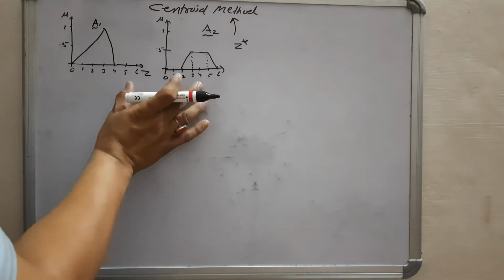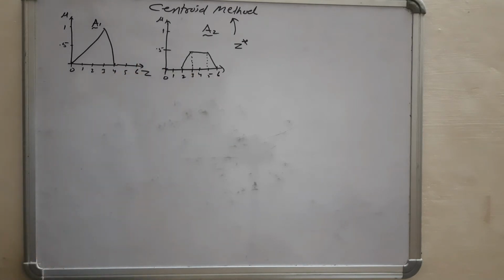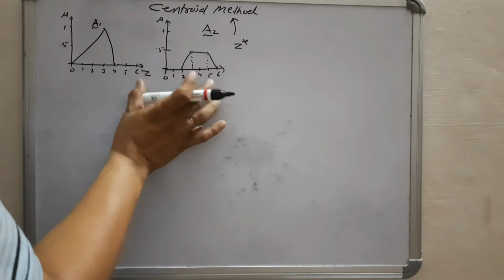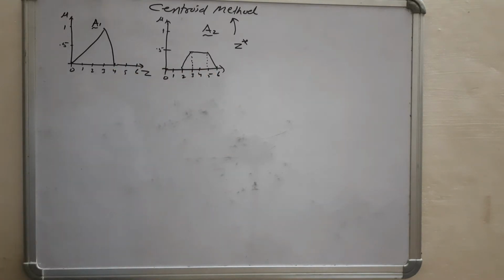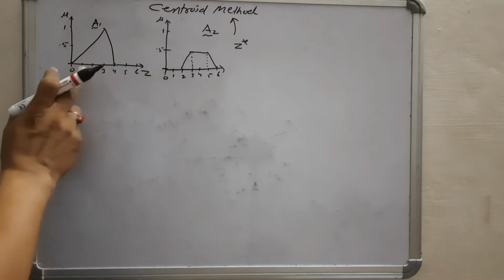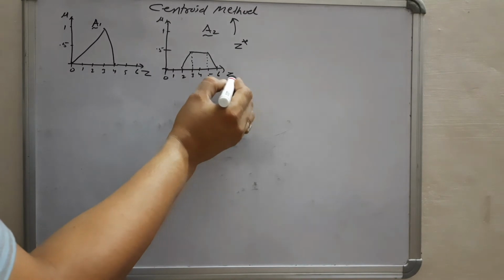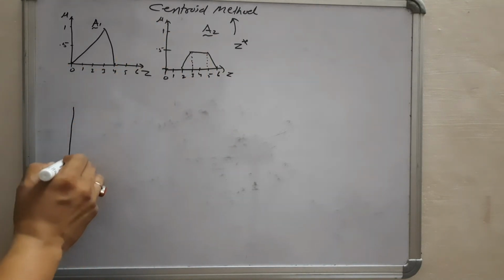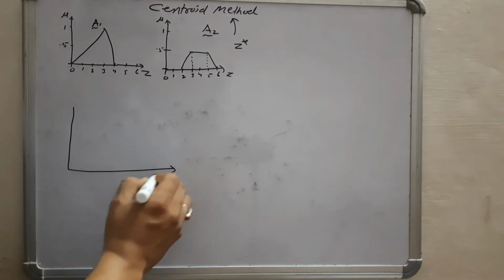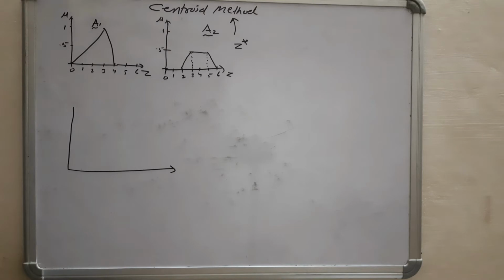In the first step, when solving these types of problems using the centroid method, we have to draw all the given membership functions on a single scale. Here, the maximum value on the horizontal axis is 6, so we draw these two membership functions on a single scale.